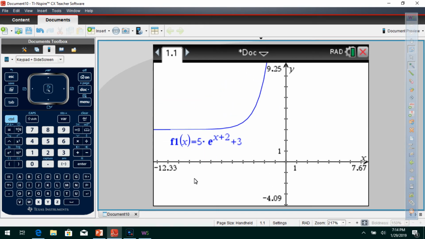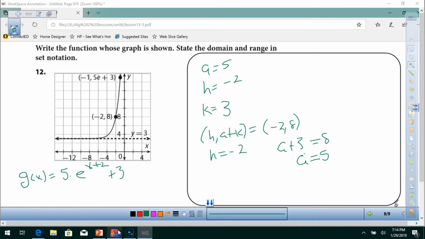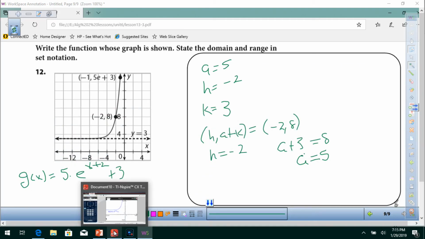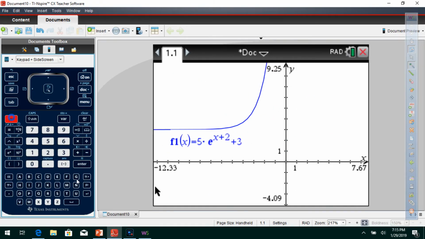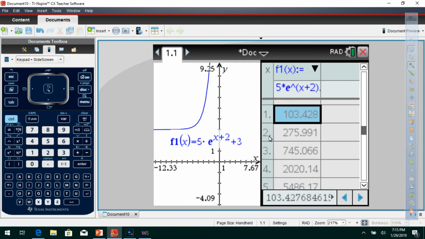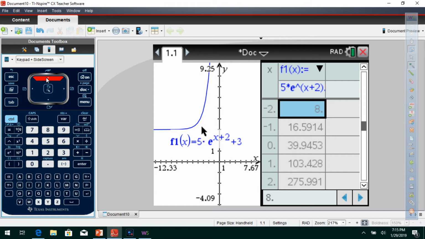Does that go through those points? I needed to go through negative 2, 8 and negative 1, 5. Let's see. Control T, negative 2, 8. And then what was the other one?